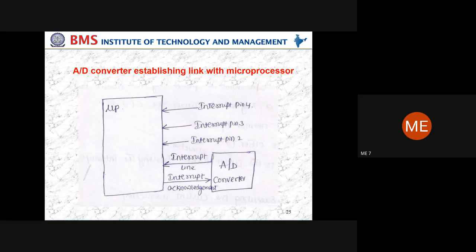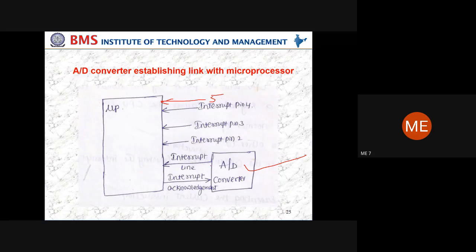Now we have the microprocessor and the pins I have told about: interrupt pins 1, 2, 3, 4, and one more, interrupt pin 5. These are the 5 pins present on the microprocessor. The ADC is an external device. When it wants the attention of the microprocessor, it sends a signal through one of the 5 lines, depending upon the importance.